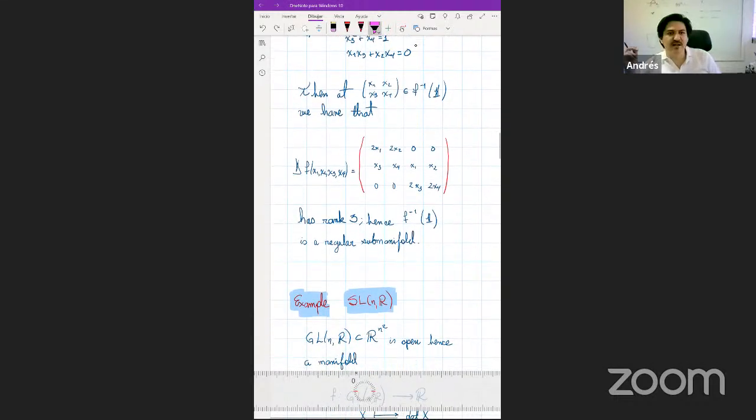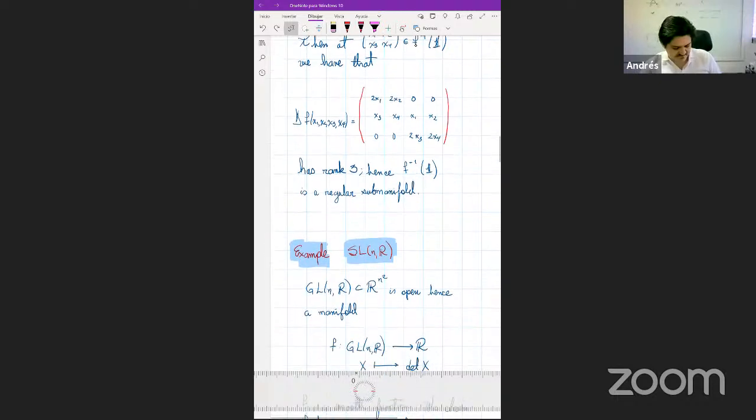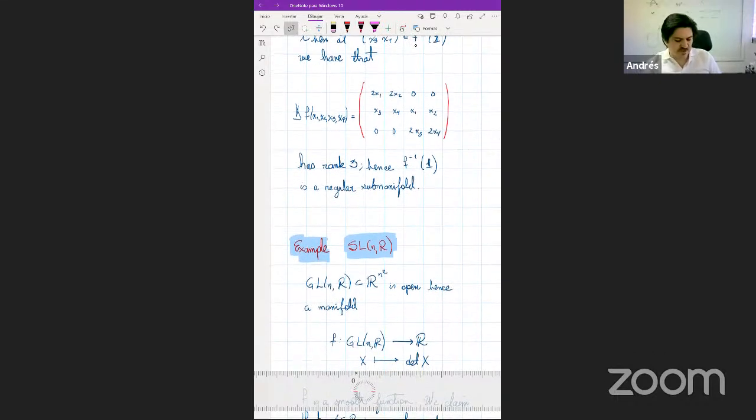Remember that GL(n,R) is an open set, hence a manifold. And I'm going to consider this map. We have seen that that's a smooth map because it is a polynomial function on the entries of x.